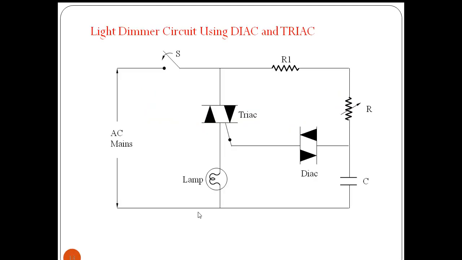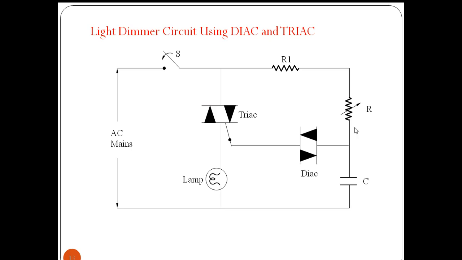So this is the connection diagram of the light dimmer circuit using diac and triac. It mainly consists of the lamp, triac and diac.